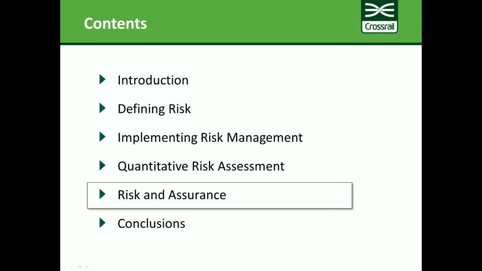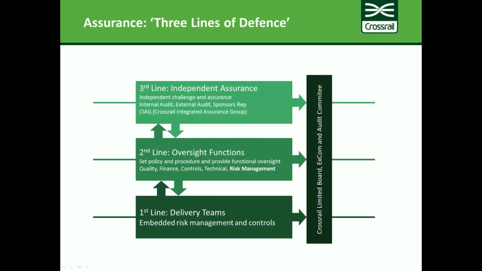So before we wrap up, I've said that risk management did 3 things: support delivery, provide assurance, and inform decision making. And in the assurance area, we saw risk management as one of 3 lines of defence. I think this will be familiar to most people as an assurance model. Essentially, the first line is self-assurance that is carried out by those who are delivering works.